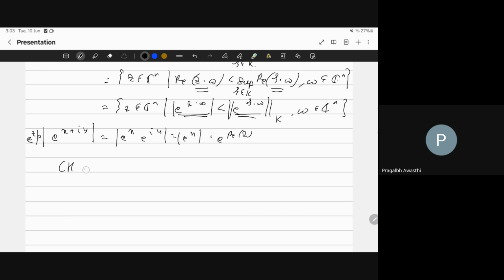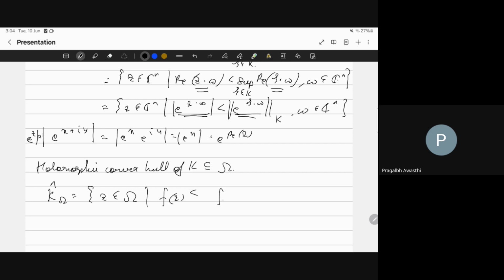We define the holomorphic convex hull of K as a subset of omega, represented as K omega hat, which is all z belonging to omega such that the modulus of f of z is less than the supremum of f of xi over all xi belonging to K, for all f which are holomorphic on omega.